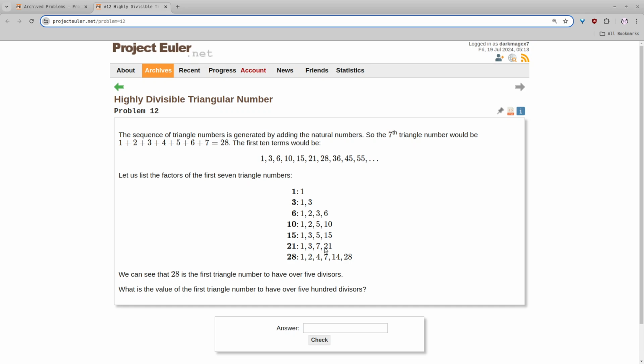So if we mod in 7, that leaves us with 3.